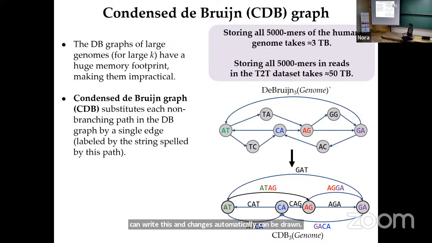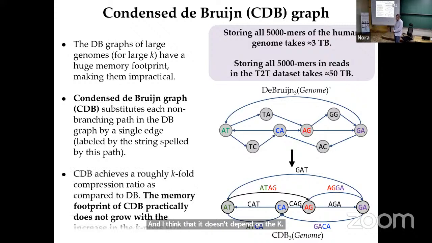So this graph takes roughly k times less memory. And in fact, the memory to store this graph practically doesn't depend on k. We solved the problem. Or at least finally we can store the whole de Bruijn graph, and then we are able to run some algorithms on this. Is it clear?